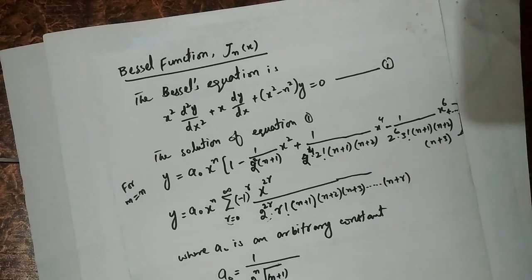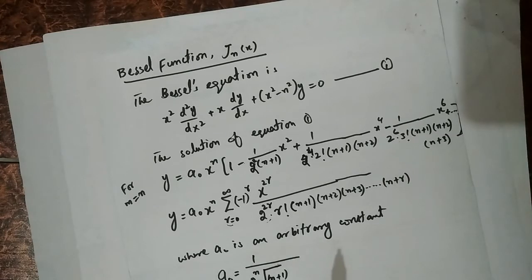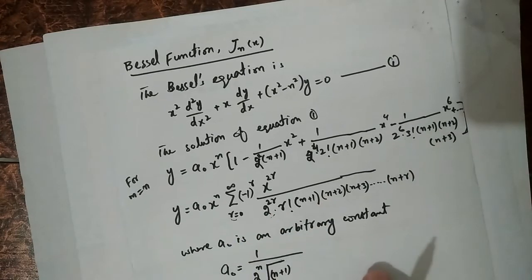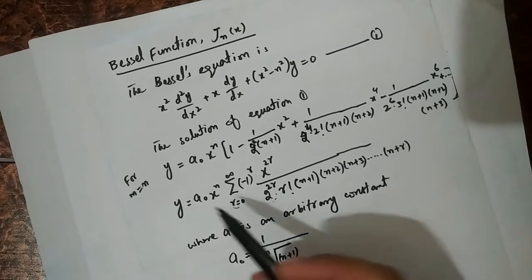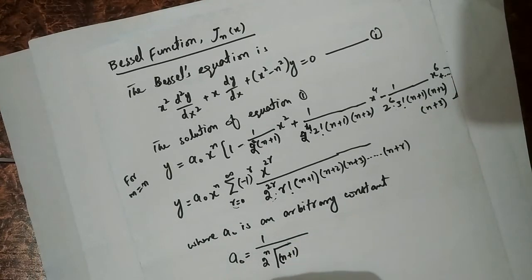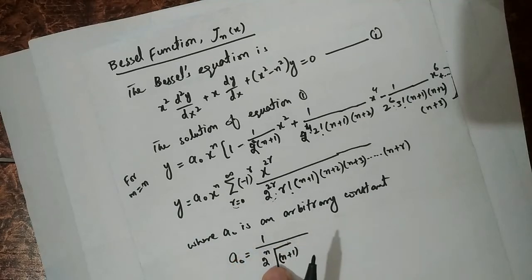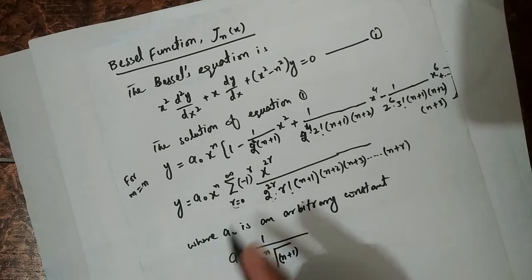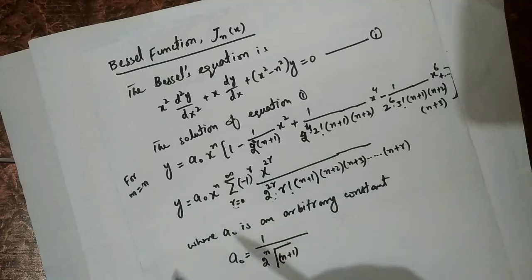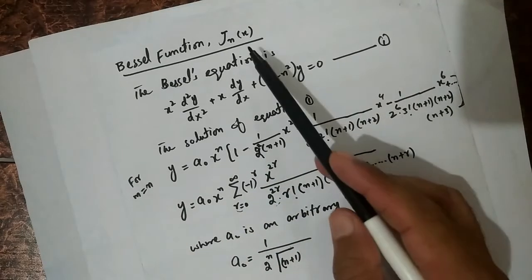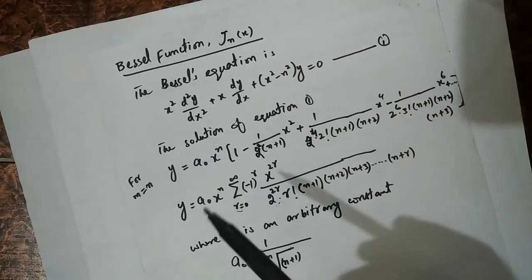So if we substitute this value in the above summation, and remember, if we put this value in the above expression, then this series is called Bessel function, and that is denoted by Jn of x. Clear?